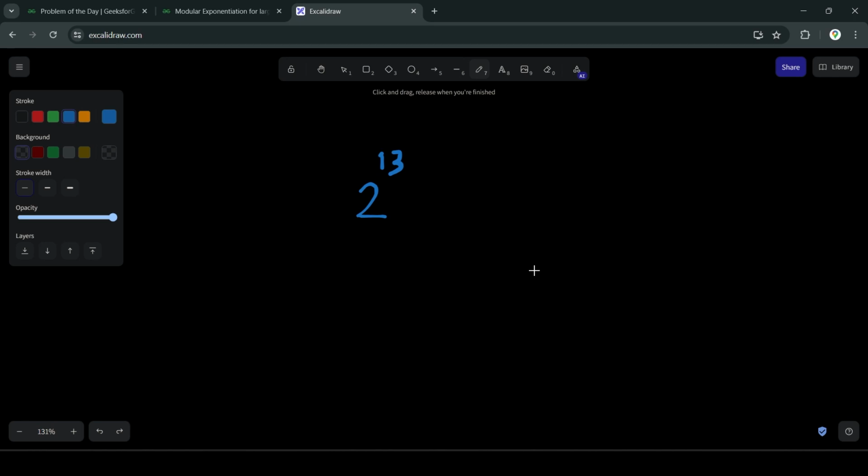So how can I use this approach? If you carefully see, this 13 you can write as 6, 6 and 1. It means to make this number, you have 2 to the power 6, 2 to the power 6, and 2 to the power 1.